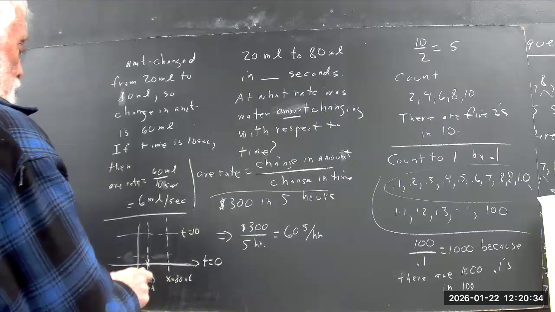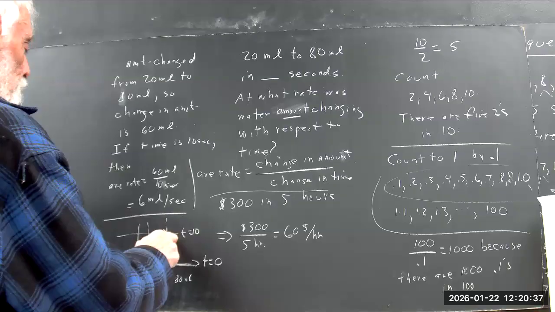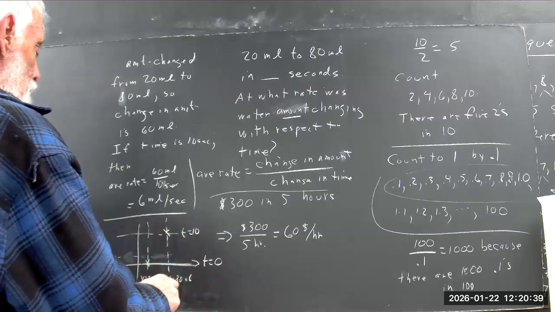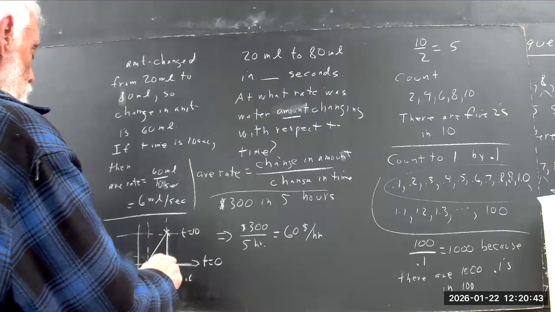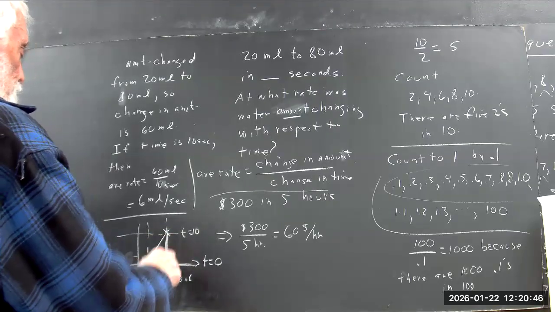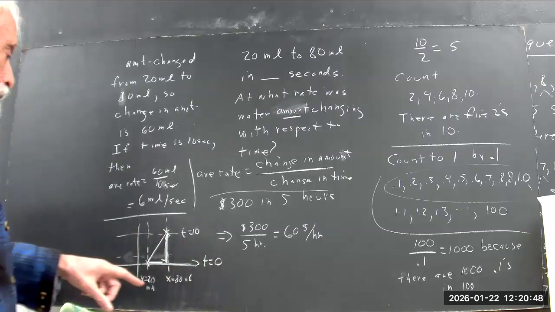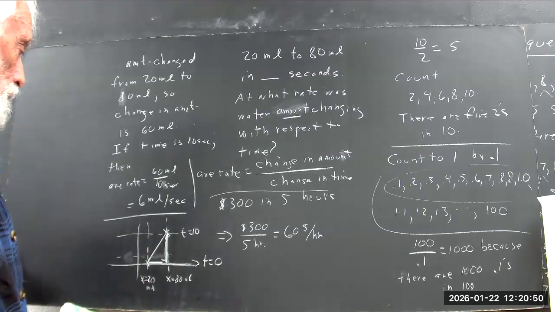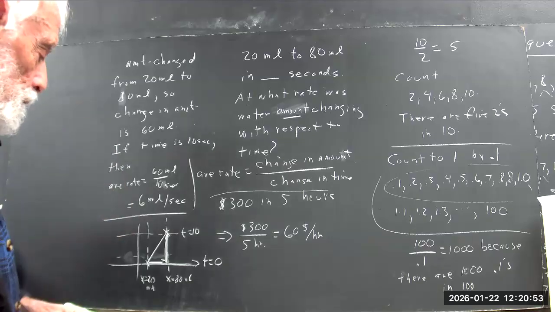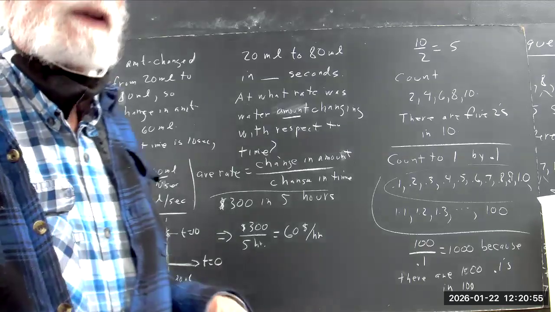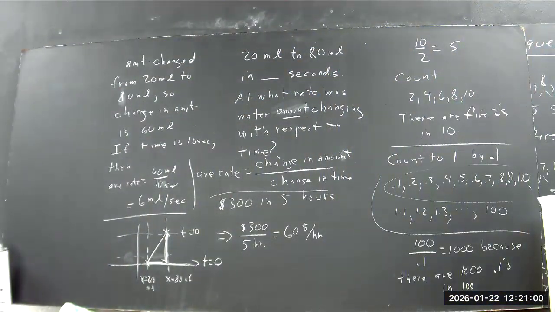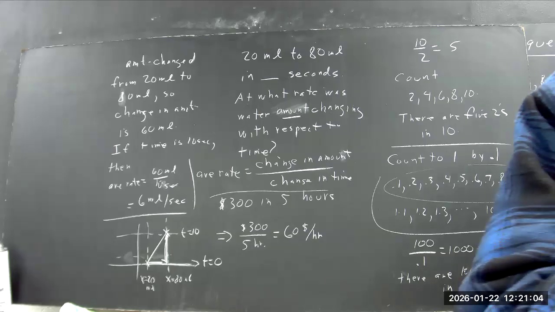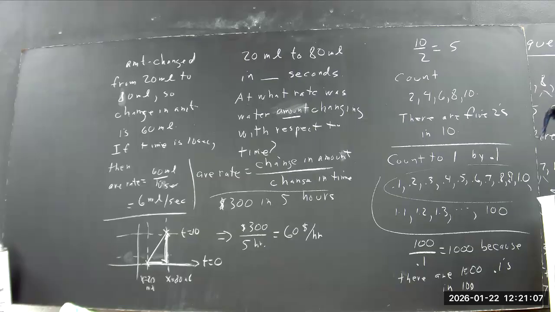So you have the point 20 milliliters when the time is 0, 80 milliliters when the time is 10. Here's your 60 milliliters. Here's your 10 seconds. And I did it backwards because I'm in a hurry. But anyhow, you can write this in terms of lines on a graph, okay? You just calculate how far you got to go over, how far you got to go up or down.